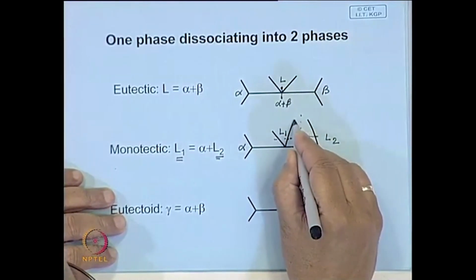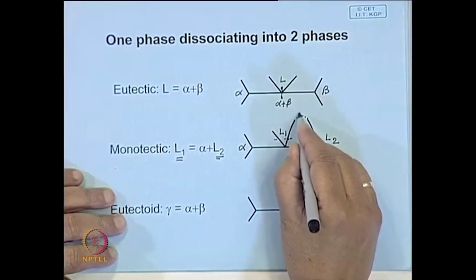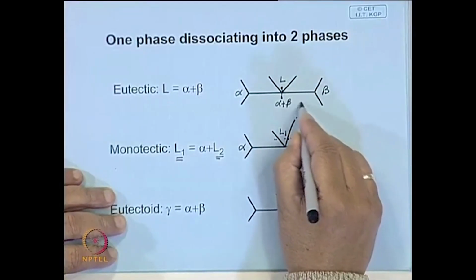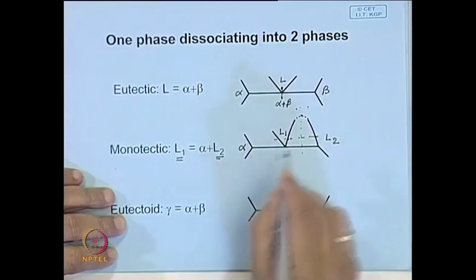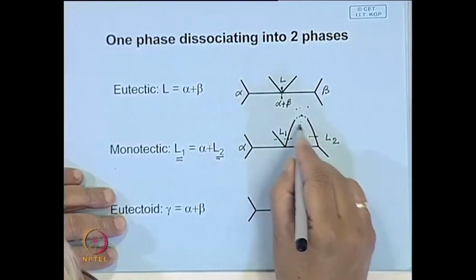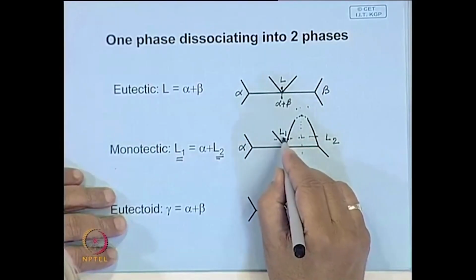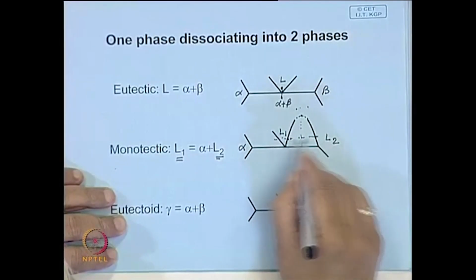At higher temperature the chance of miscibility is higher, so here they are miscible. If you go down in temperature, there is a miscibility gap, and it dissociates into two liquids L1 and L2.